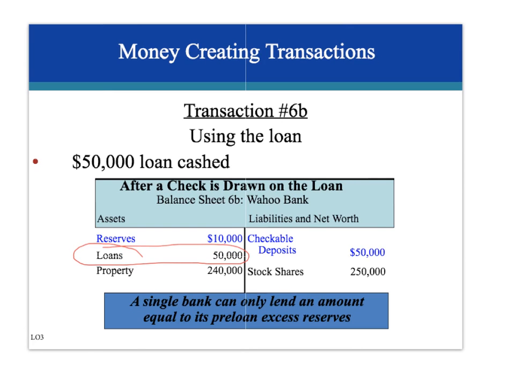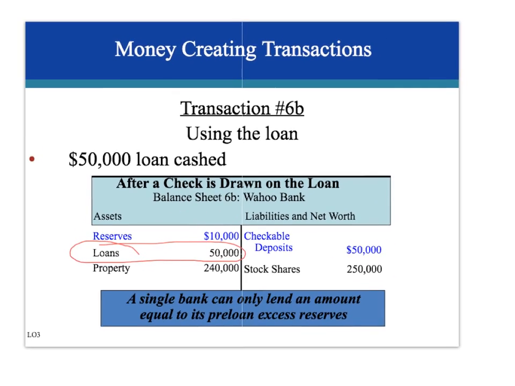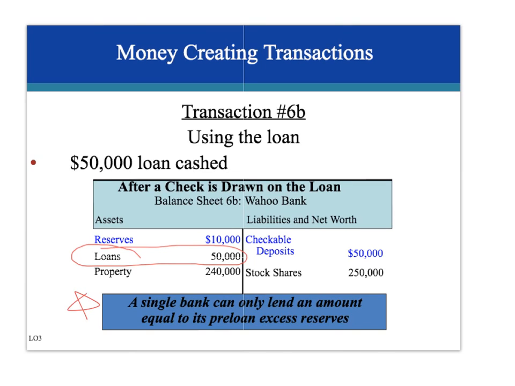Now, if another customer were to come in and want a loan, the bank right now would have to say no because it already loaned up its excess reserves. They cannot make loans on their required reserves. Okay, so this point right here, we need a circle, star, highlight, smiley face, whatever.